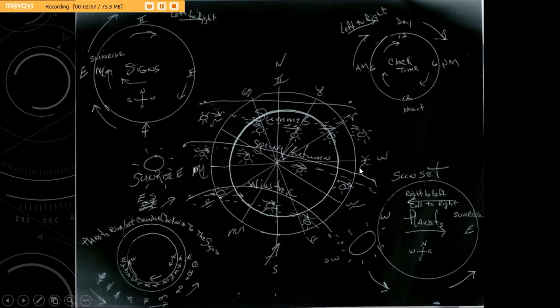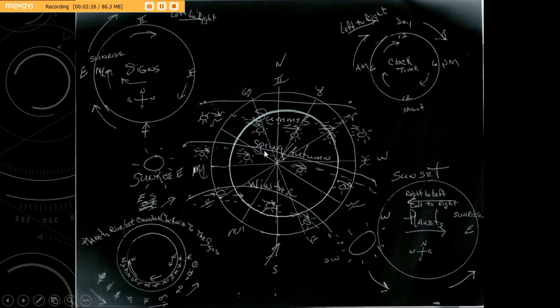And then winter, spring here is Pisces. And then here's spring. So it really doesn't start getting hot until you meet the solstices and equinox points, which is spring and autumn.